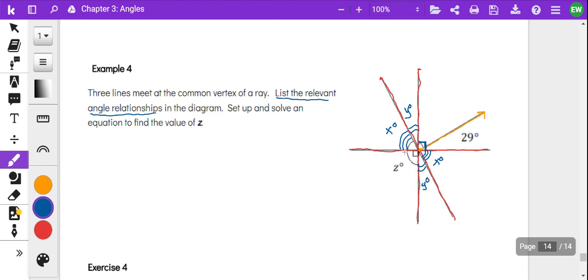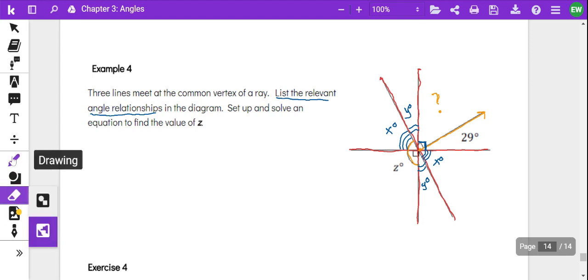I'm not even going to worry about this Z yet, which is X plus 90 degrees. I'm not going to worry about that yet because I have this missing. I have to find this missing angle right here first. Okay.